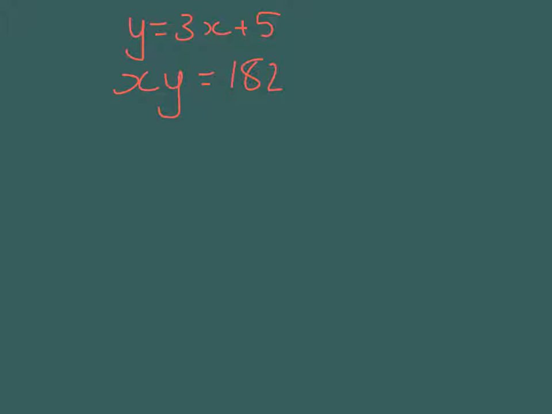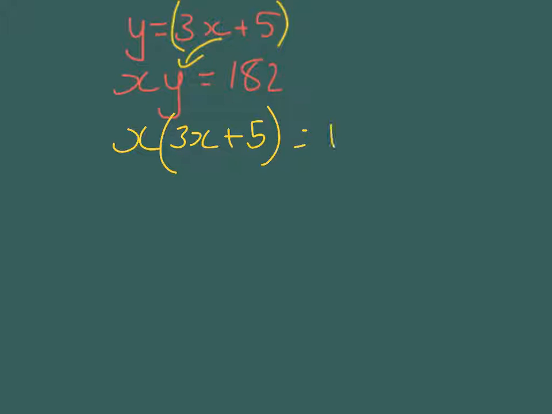Okay, so we have these two equations, y equals 3x plus 5 and xy equals 182. See this here, that's what y equals. I'm going to substitute that for y in that equation. So we end up with x times, open a bracket, 3x plus 5 equals 182.